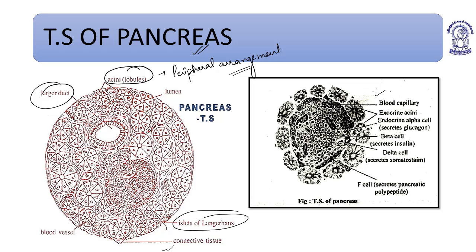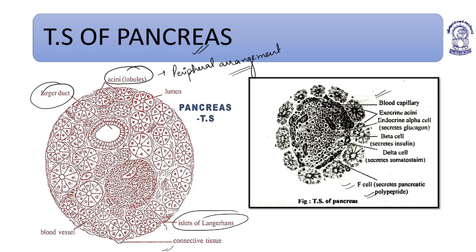Here you can see the blood capillaries, the connective tissue, the blood vessels, exocrine acini, and endocrine alpha cells, then beta cells, then delta cells, and these are the F cells which secrete pancreatic polypeptide. So alpha, beta, and delta are the cells regarded as the different cells of the islets of Langerhans.